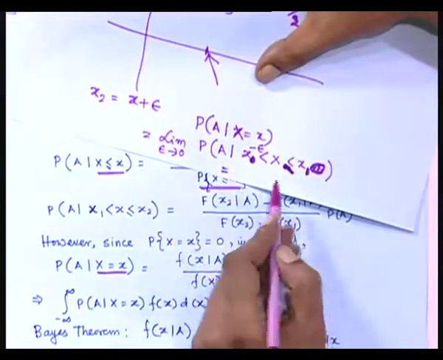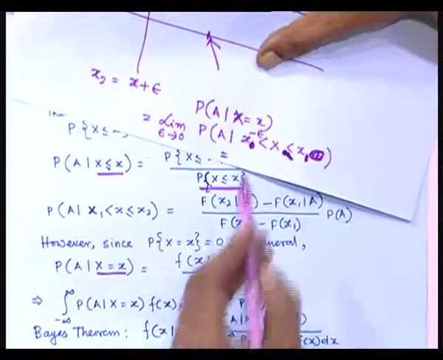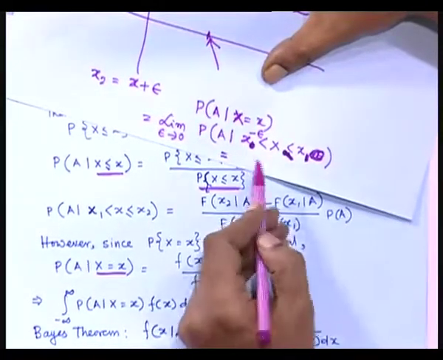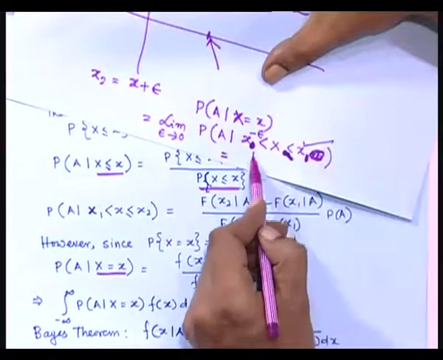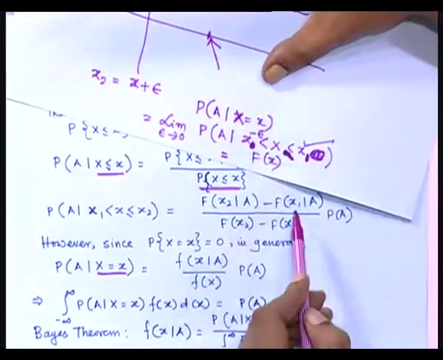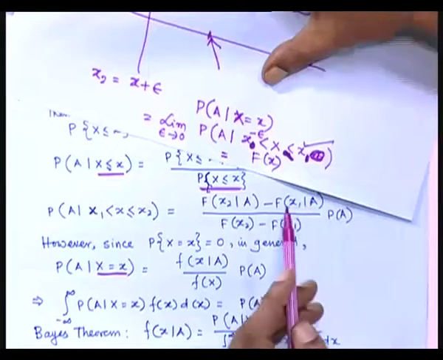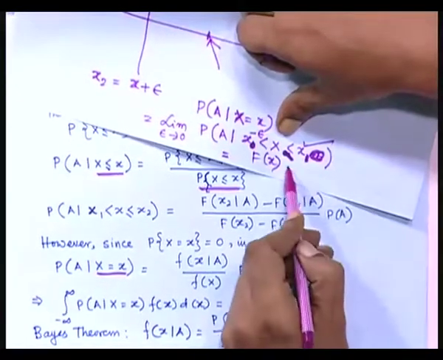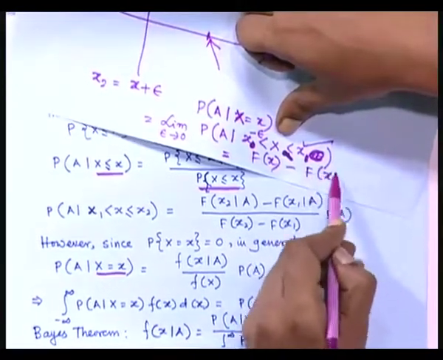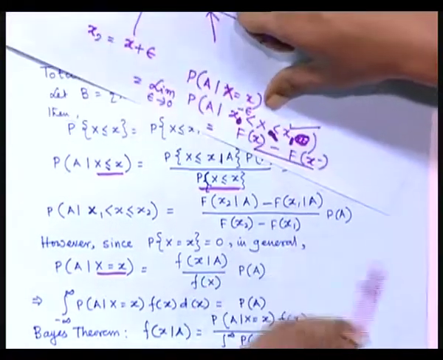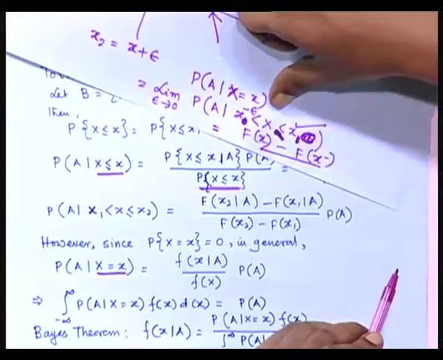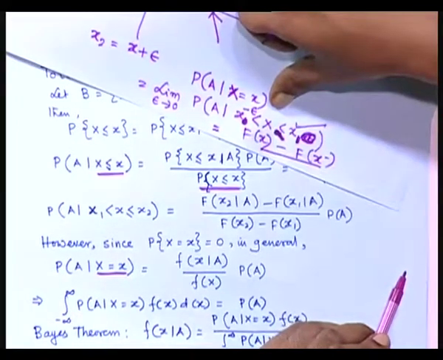Then what will this be? By this formula it will be this. So this is going to be F x1 minus a, so it will be F x2 minus F x1.